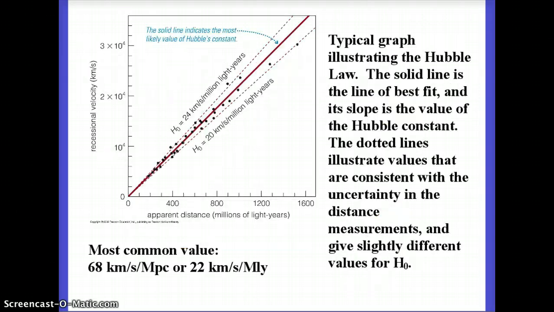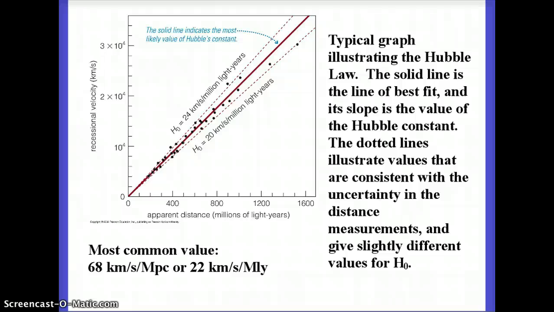You'd think then that, okay, well, finding the slope of a graph isn't hard. Just stick it in your favorite computer program and it'll tell you. Turns out that that is not such an easy thing to do. There's a lot of uncertainty in the measurements of the distances. We're not really good at finding distances to galaxies.